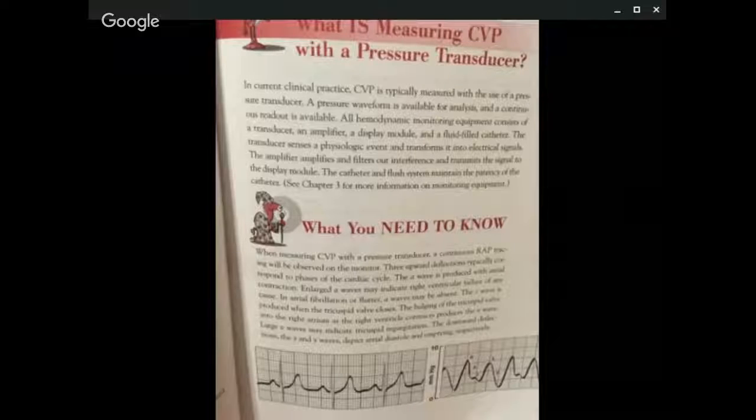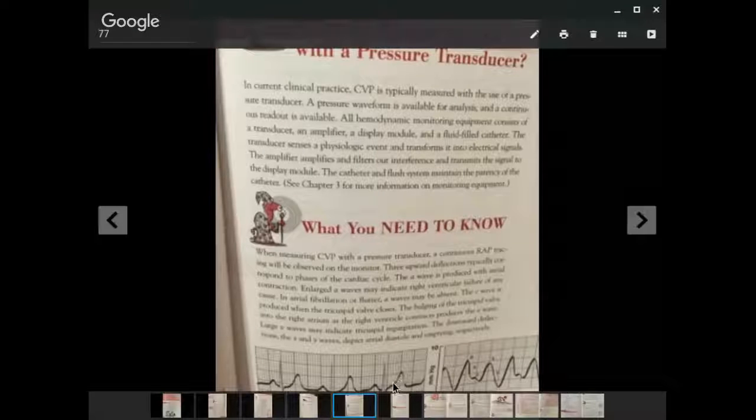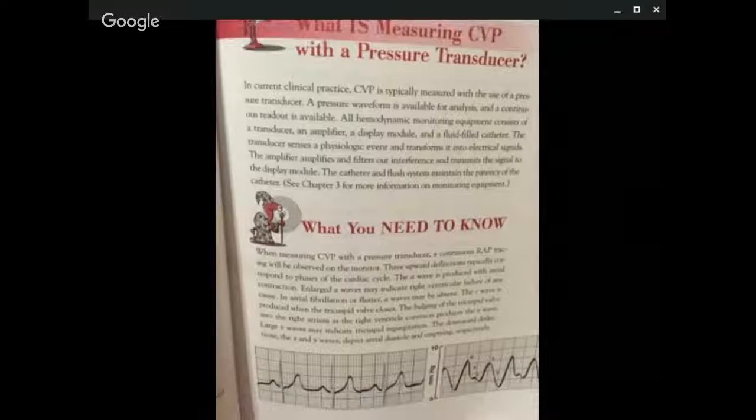When measuring CVP with a pressure transducer, a continuous right atrial pressure tracing will be observed on the monitor. Three upward deflections correspond to phases of the cardiac cycle. The A wave is produced with atrial contraction.